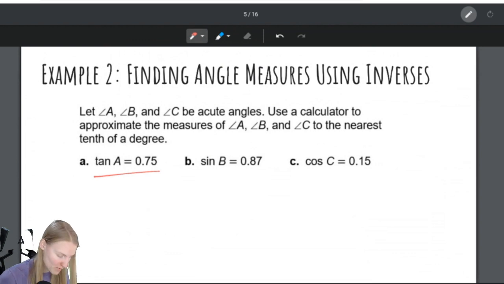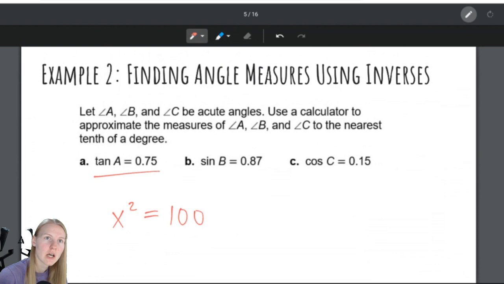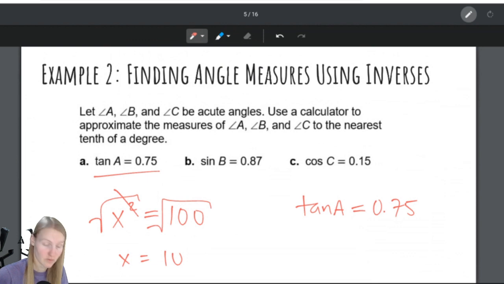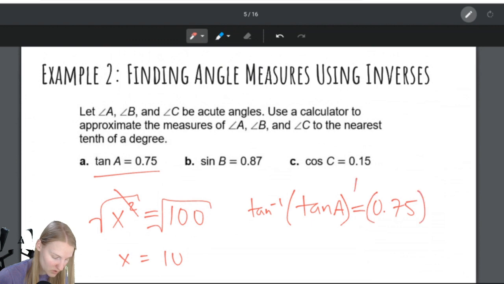Remember when we had x squared equals 100? To get rid of the square, we took the square root, because that's what gets rid of the square, and then we get x equals 10. It's the same thing. When I have tangent of A equals 0.75, and I want to get rid of tangent, the opposite of tangent is tangent inverse.